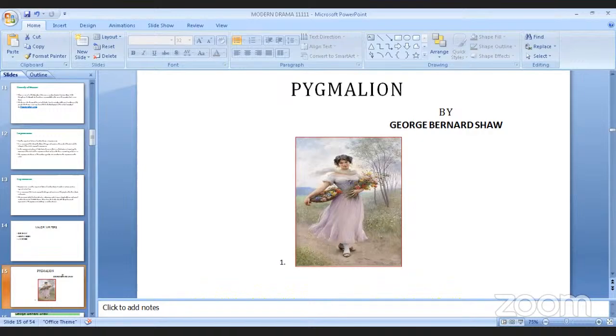In his Playboy of the Western World, he showed how people accept absurd things or happenings in their life. Samuel Beckett has developed this type of drama throughout his plays.